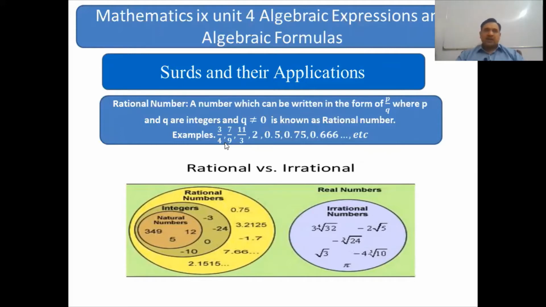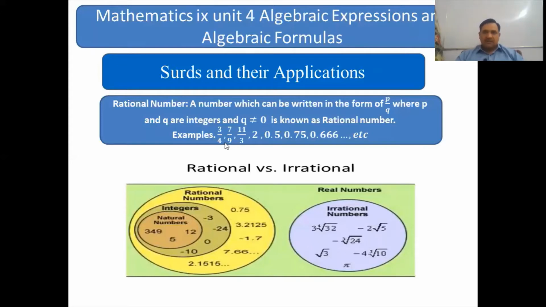So rational numbers are numbers which can be written in the form of p by q, where q is not equal to 0 and p and q are integers. If the numbers are in decimal form, then they must be terminating, or if they are not terminating but are recurring, then we say these numbers are rational numbers.